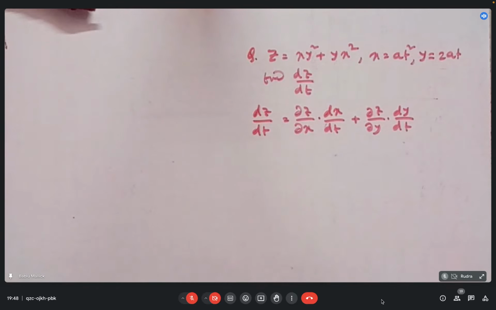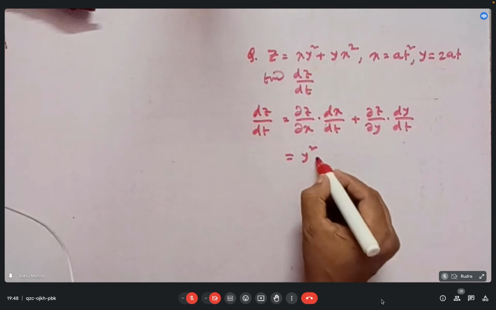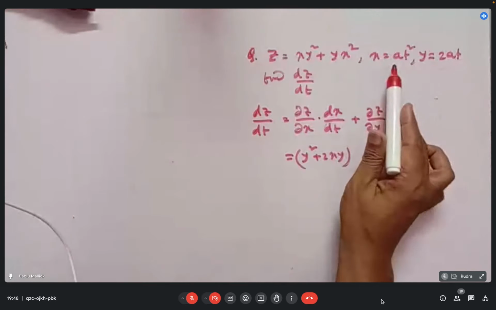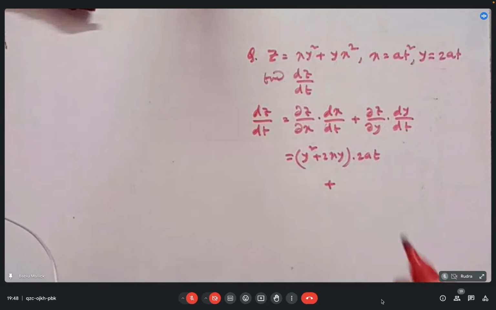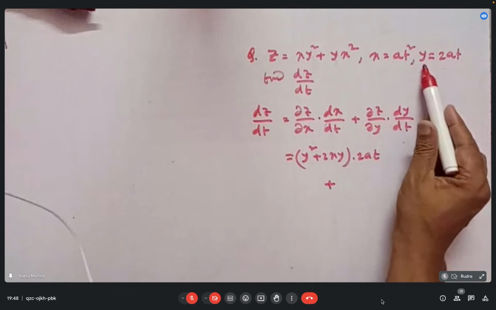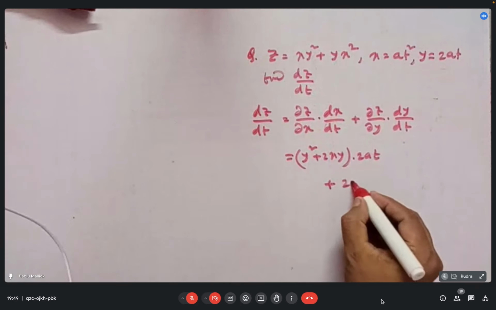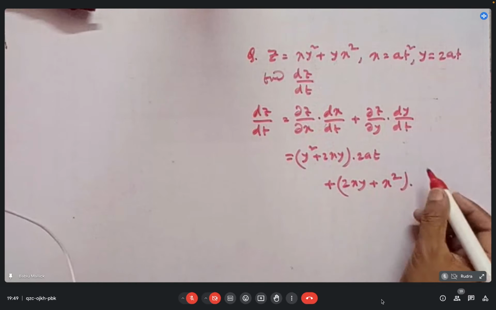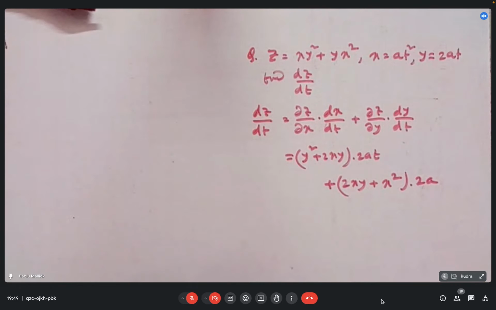So this will give you del z del x, that is y square plus twice xy, into dx dt, that is twice at, plus del z del y, that is twice xy plus x square, into dy dt, that is 2a. Just simplify this, you will get the answer.